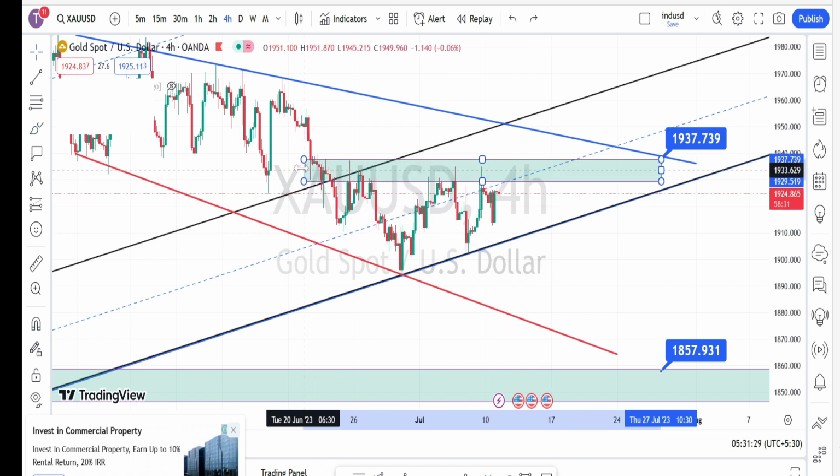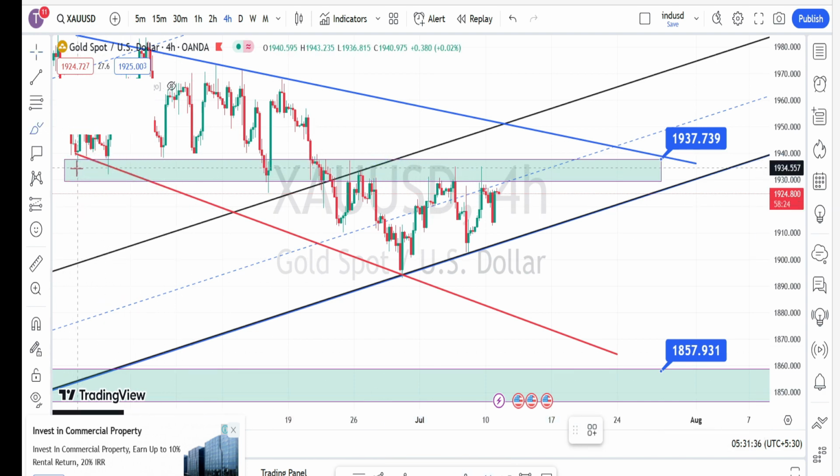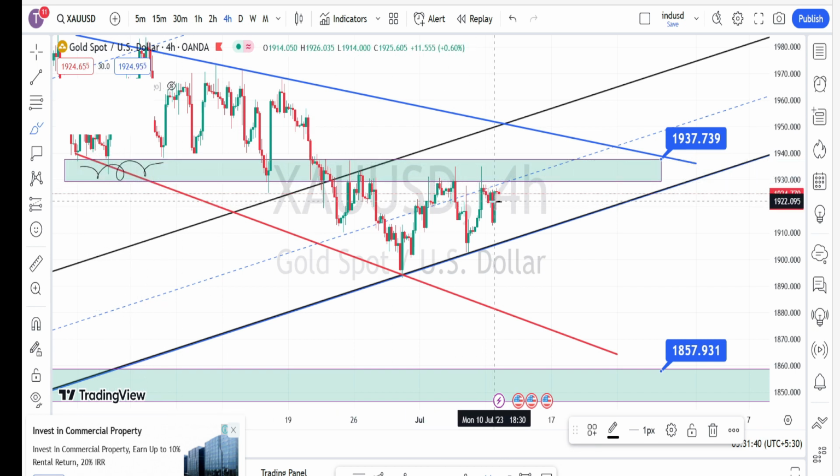And when we extend this zone on the left hand side also, we can notice that this zone had acted as a very strong demand zone in the past price action. So the price action has to break this supply zone in order to continue further on the bullish side retracement.